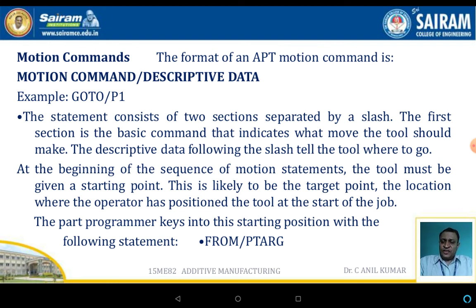At the beginning of the sequence of motion statements, the tool must be given a starting point. This is likely to be a target point, the location where the operator has positioned the tool at the start of the job. Now the part programmer keys in the starting position with the following statement: from PTARG, which is from the target point.